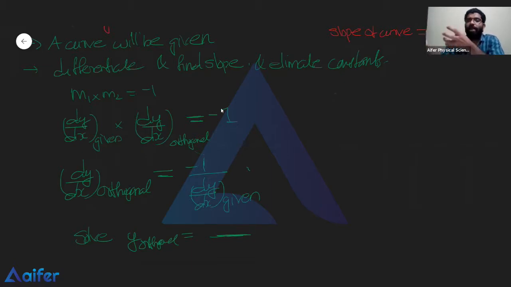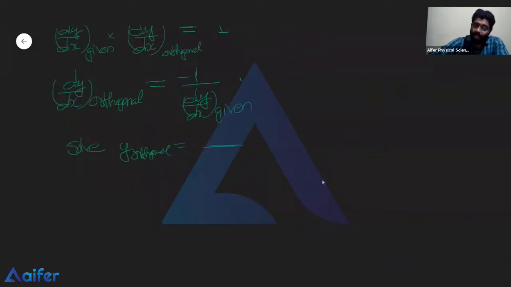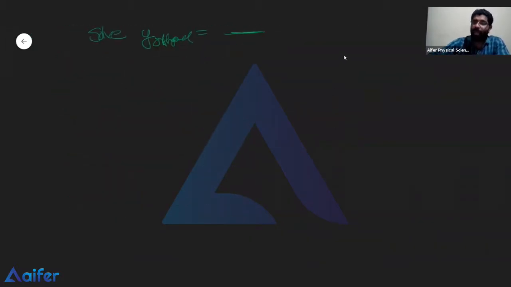That product will give you -1. Therefore, the slope of the orthogonal family will be -1 by the slope of the given curve. So this is the idea we are using to find the orthogonal family. You will be given a curve, you have to find the corresponding orthogonal family. That idea will be clear to you if we do some questions.